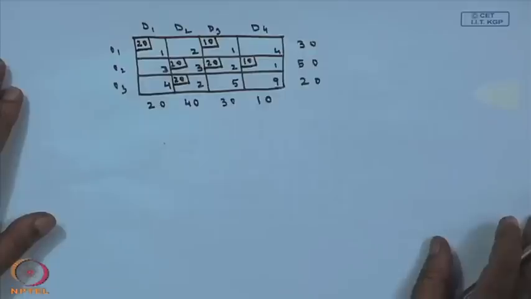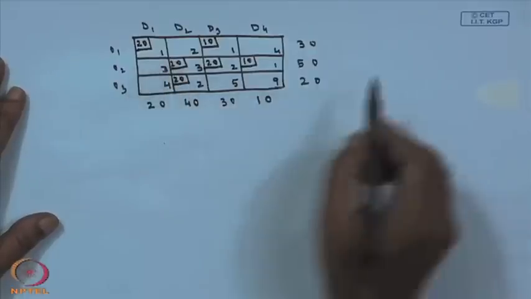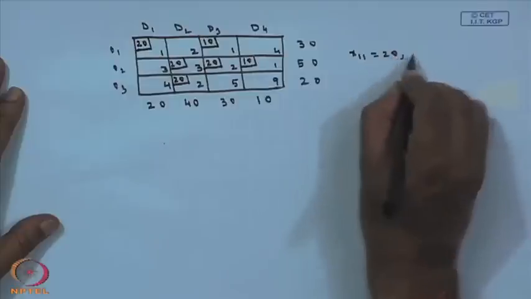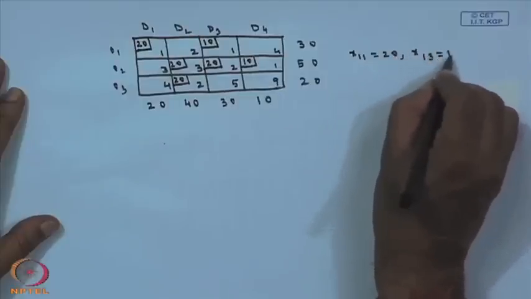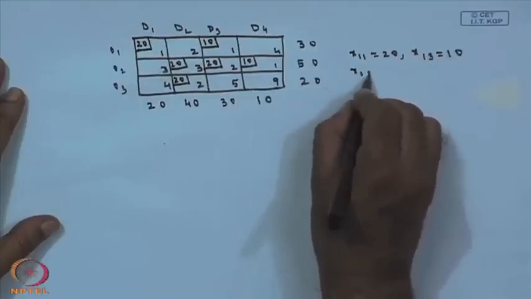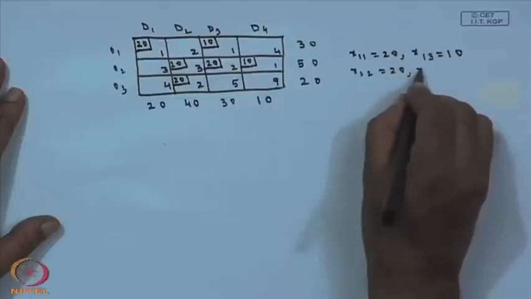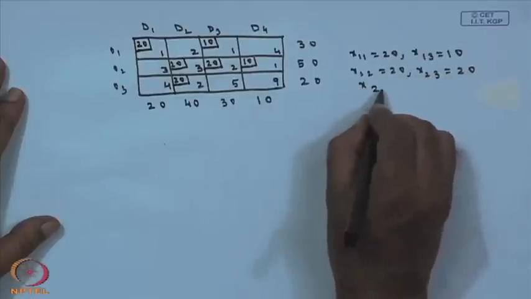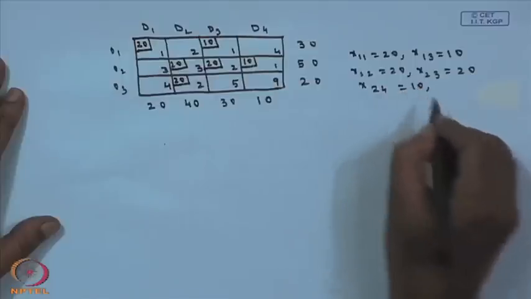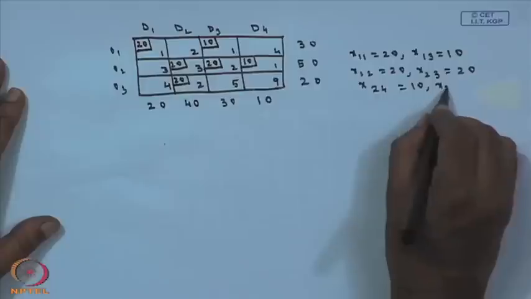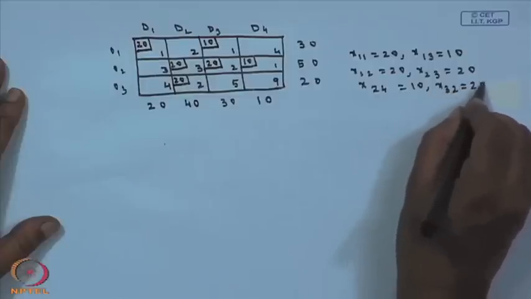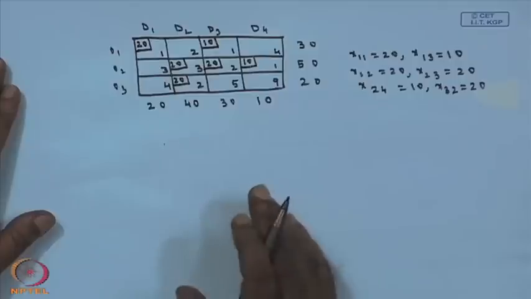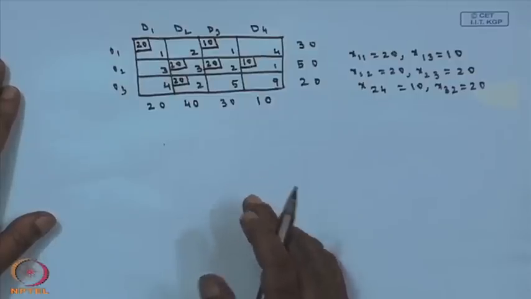This table shows that the initial basic feasible solution is x11 equals 20, x13 equals 10, x22 equals 20, x23 equals 20, x24 equals 10 and x32 equals 20. The methods we discussed earlier, from that you can directly write it down.